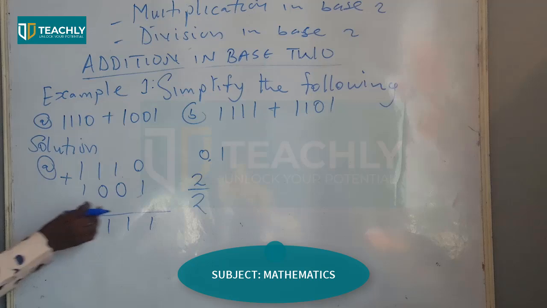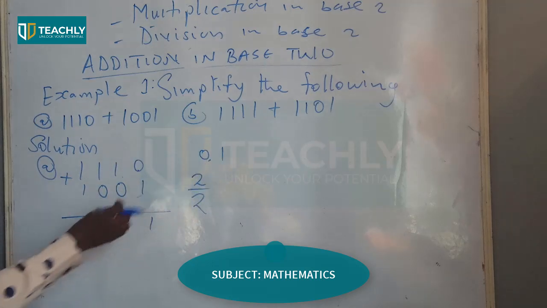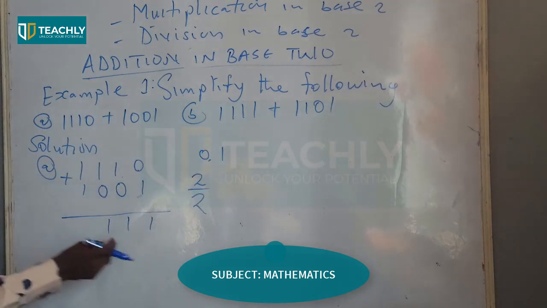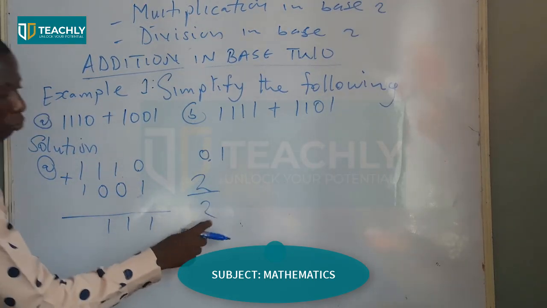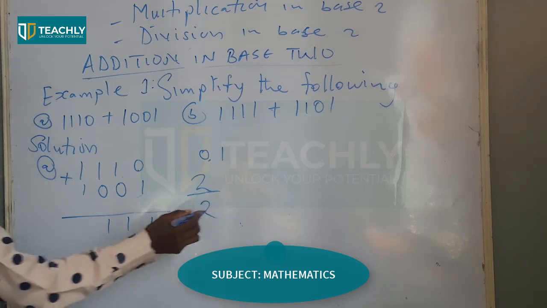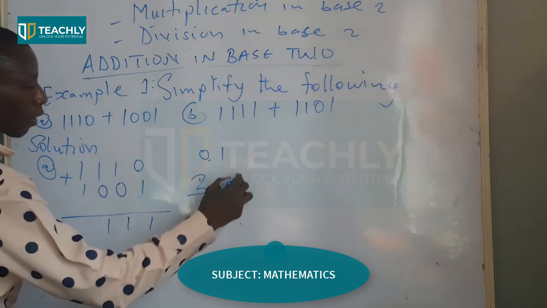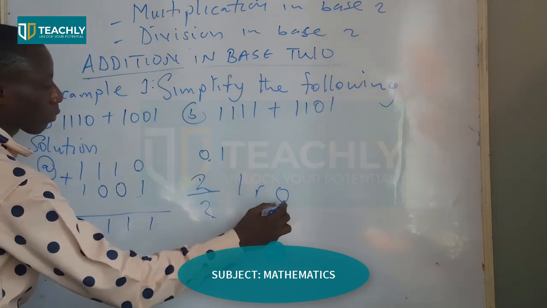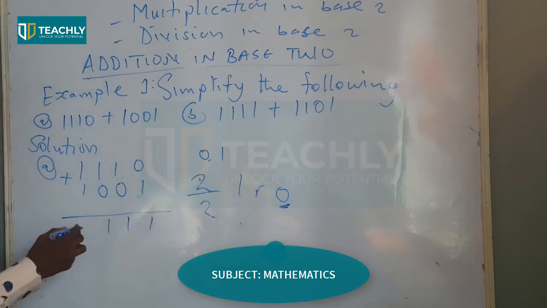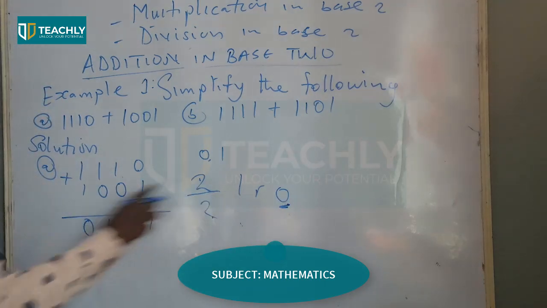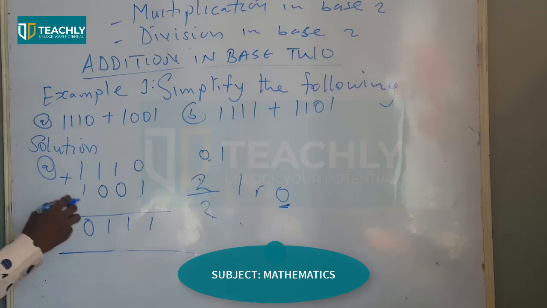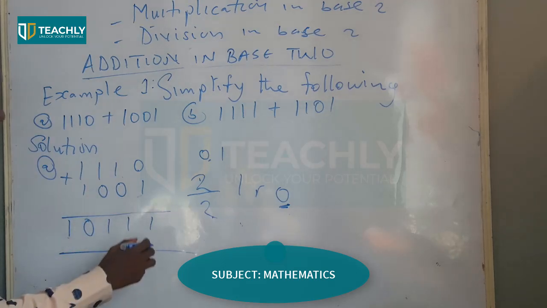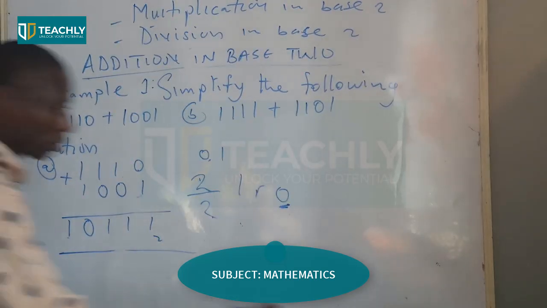Once the value is more than 0 and 1, we use the base to divide. 1 plus 1 is 2, we divide it by 2 because we are operating in base 2. 2 divided by 2, we have 1, remainder 0. So we write the remainder here, and this 1 we bring to the next column. In this case, our answer will be 10111 base 2. So that's the answer.